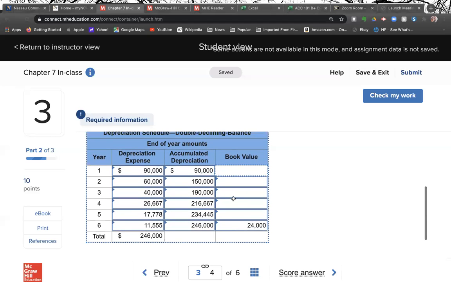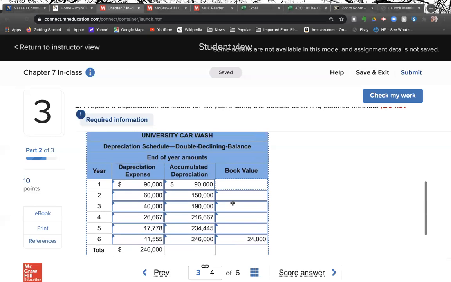And then book value is the original cost minus accumulated depreciation. So this is 180. This is 120. This is 80. This is 53,333. And this is 35,555.